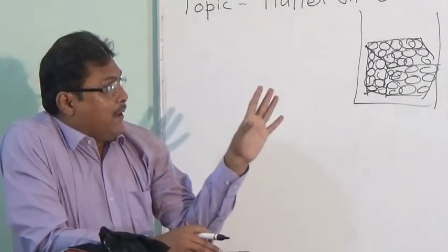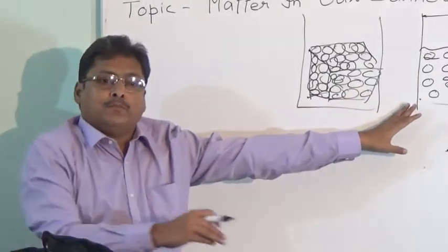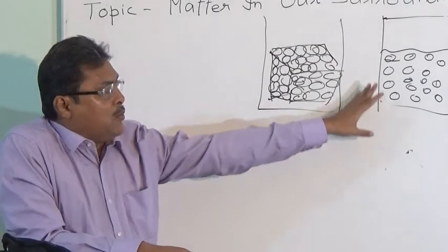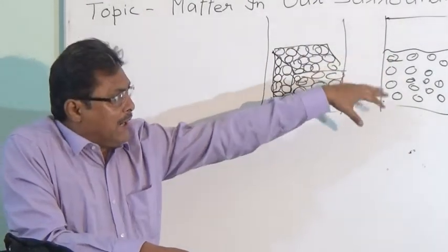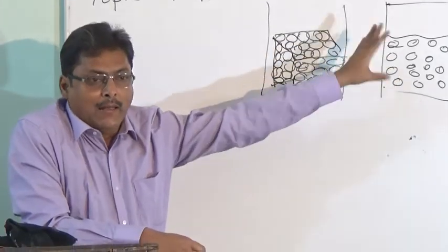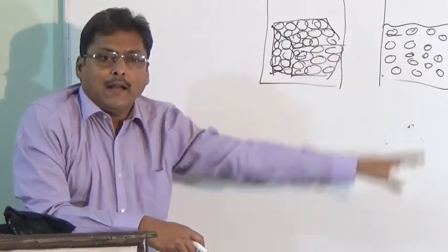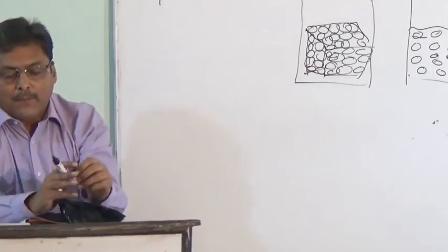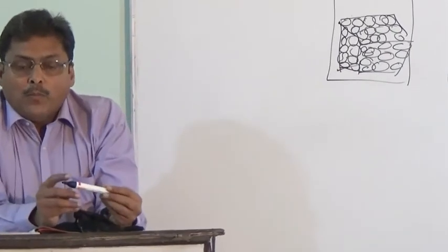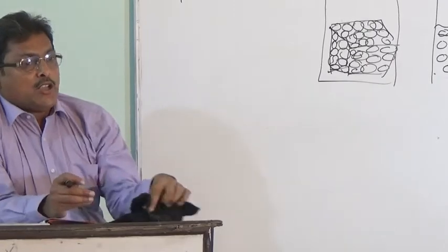Now they have the same volume, but they do not have a fixed shape. They will take the shape of the container in which they are kept. Right? Liquids have a fixed volume, but they don't have a fixed shape.